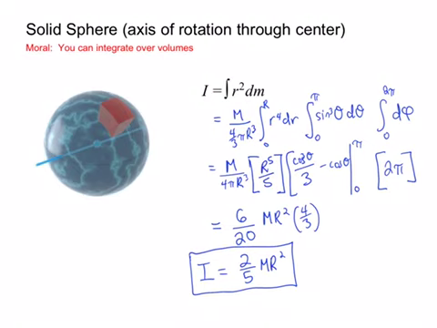And these are the most common shapes that I've seen in preparing for the AP physics exam, looking at old exams. So it would be good if you can not only recall these ones, but understand at least how the integrations are set up and be familiar with what terms you might encounter in these calculations. All right, so thanks a lot for checking in, and I'll see you in class.